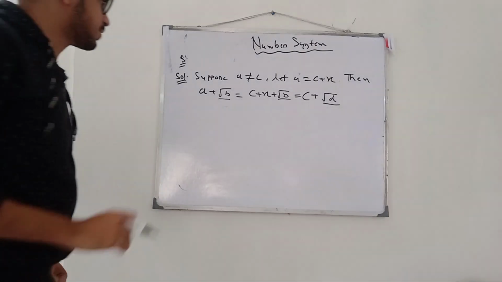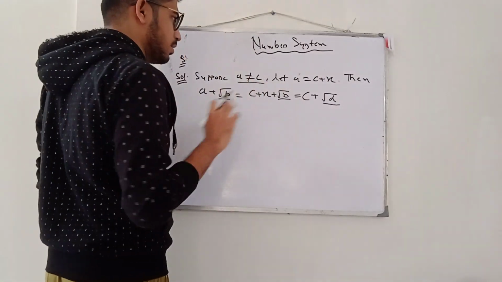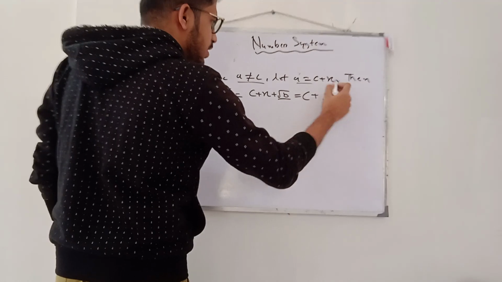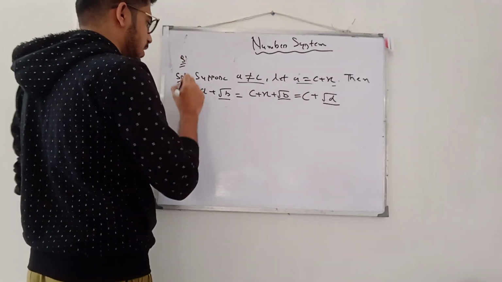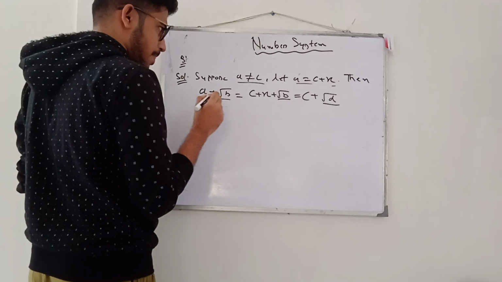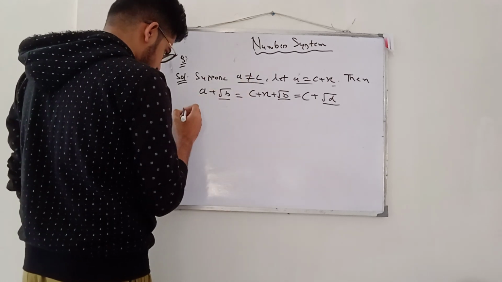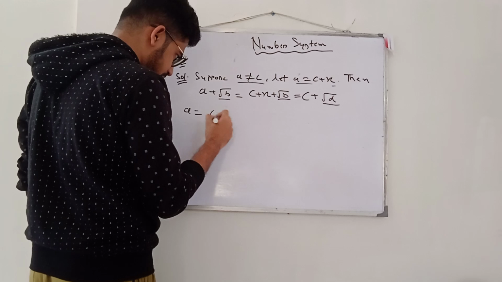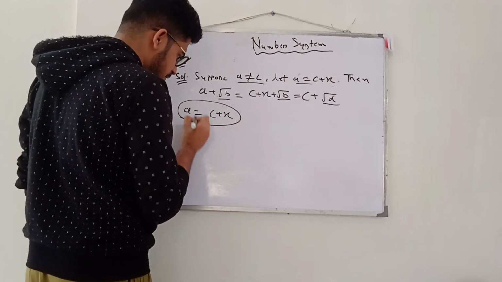So now we have to understand what they're trying to say. Suppose a not equals to c. Understood. Let a is equal to c plus x. If a is not equals to c, then we have to take a is equal to c plus something so that it can be equal with a.